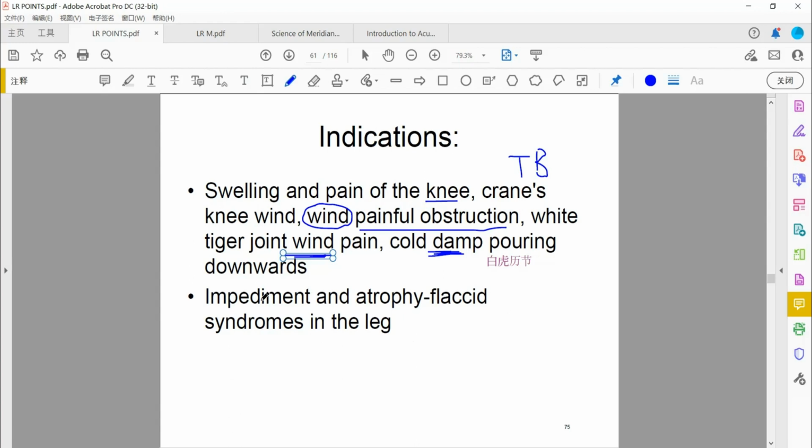Impediment is Bi syndrome, that's painful obstruction. Atrophy is a weakness, very weak. Emaciation, flaccid leg.